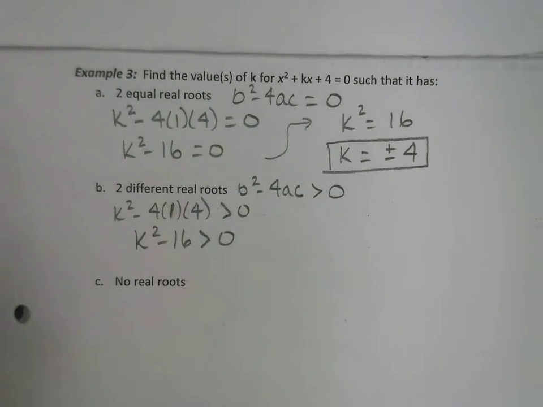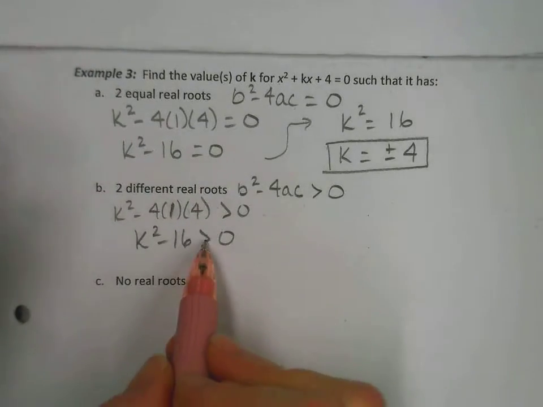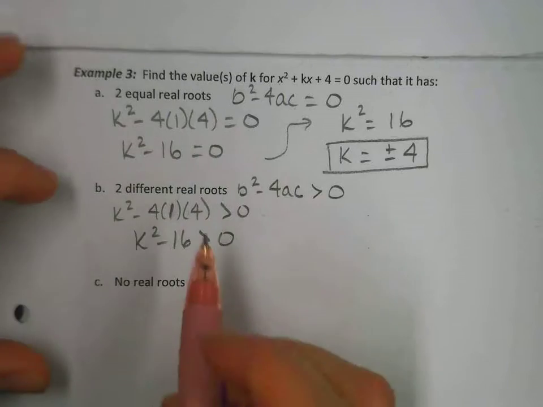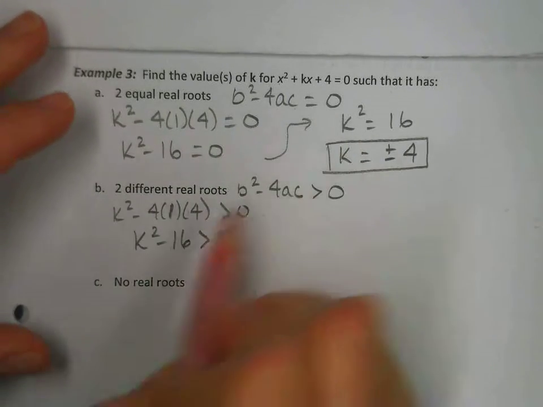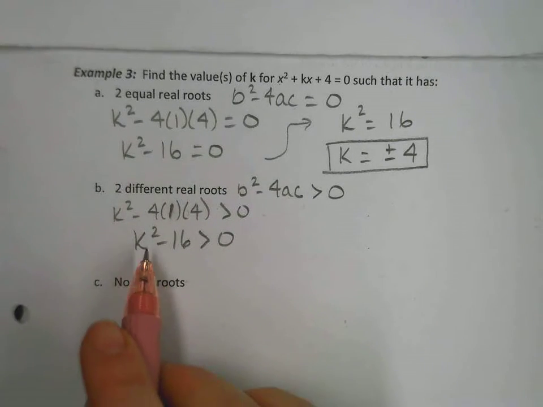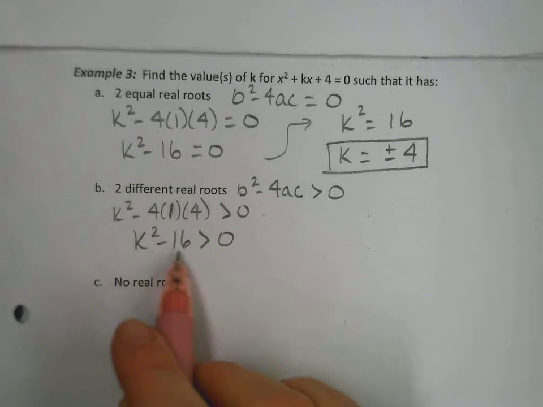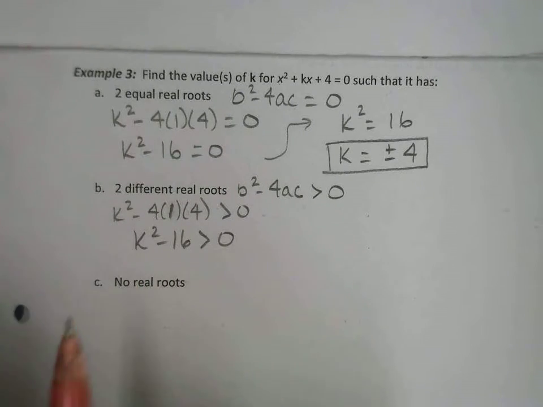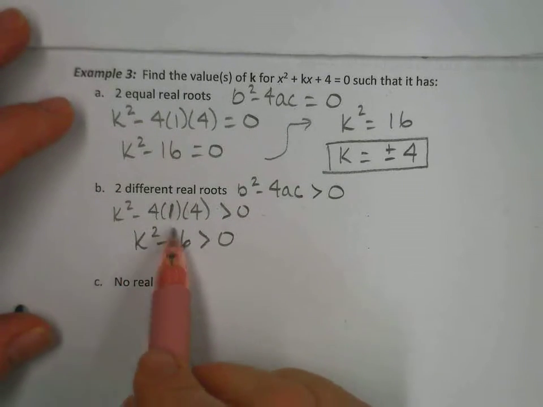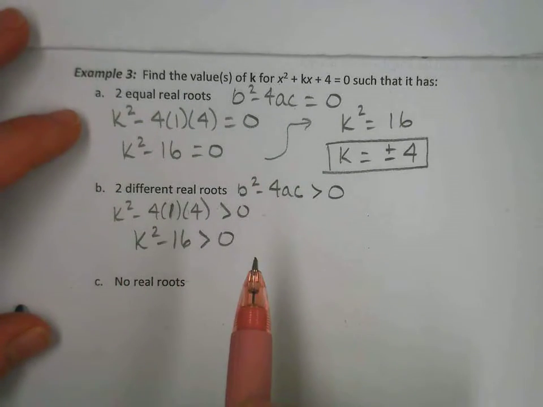All right, little trick here. Because we're working with a quadratic inequality, we can't just solve this the same way and say k would have to be greater than plus or minus 4. What you actually have to do is visualize this quadratic as a parabola and figure out what points on the parabola make the function bigger than 0.